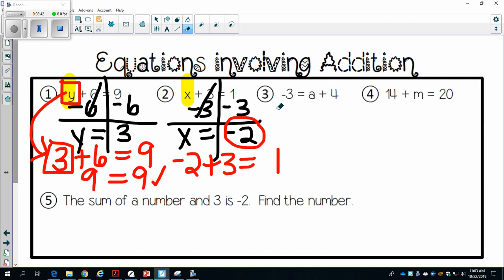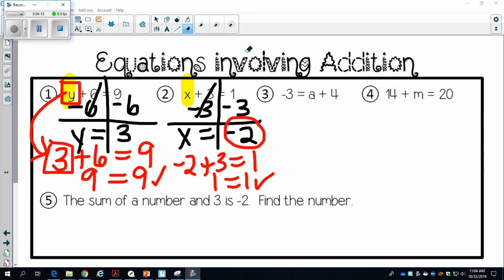So it's going to be negative 2 plus 3 is equal to positive 1. And if I add negative 2 and positive 3, I'm going to get 1, and 1 is equal to 1, so this checks. And again, I just took this equation and substituted my answer, negative 2, which is what I got for x, into my original equation.